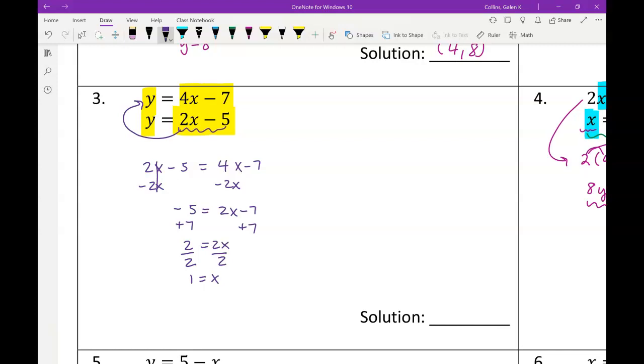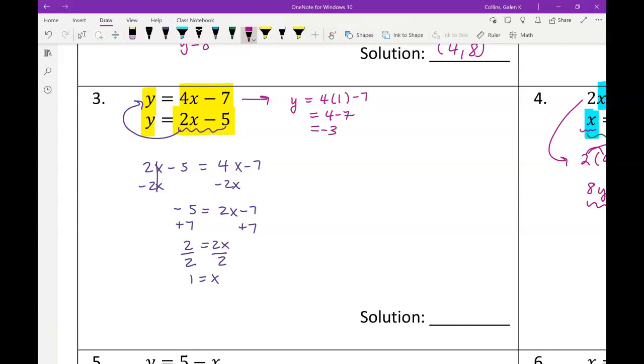Now it doesn't really matter which equation we use, whichever one you think looks easiest. If I substitute 1 in for x in my top equation, I get y equals 4 times 1 minus 7. Oops, 4 minus 7 is a negative 3.